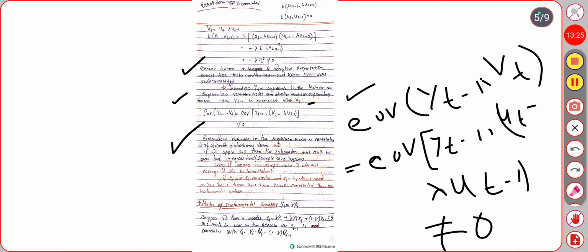How do we solve this problem? Because yt minus 1 and vt are correlated, we use an instrumental variable.